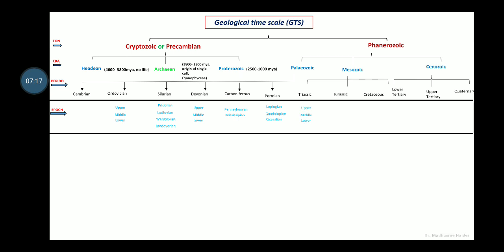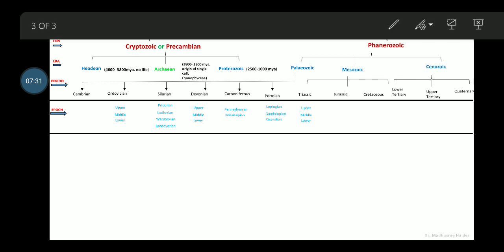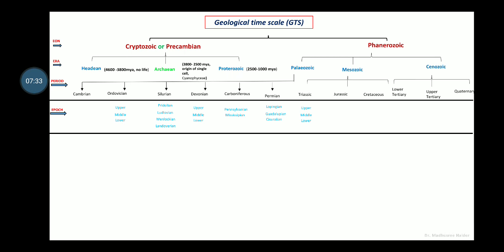Then in Mesozoic era, the first period is Triassic. Under Triassic period, there are 3 epochs: Upper, Middle, and Lower Triassic. In Jurassic, there are also 3 epochs: Upper, Middle, and Lower Jurassic.